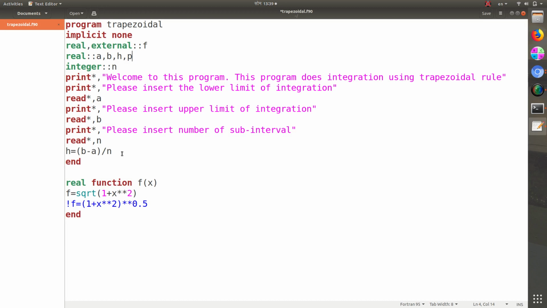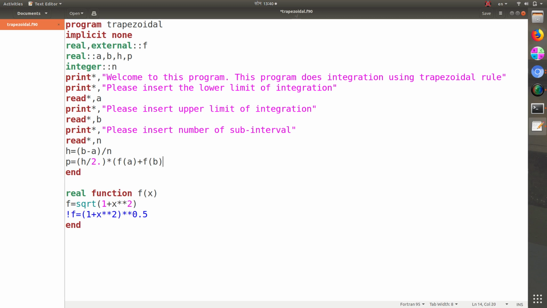So p equals h over 2 into f of a plus f of b. Alright, I need to close this.